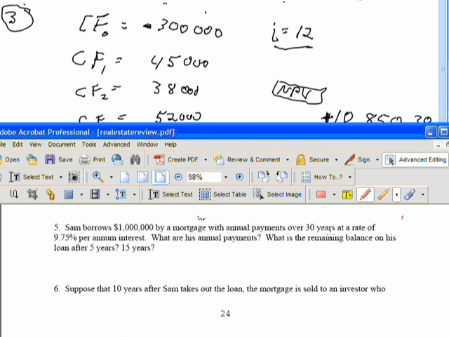Usually it's monthly or even quarterly, but let's roll with it. Annual payments over 30 years at a rate of 9.75 percent per annum interest. What are his annual payments? We should know how to do that. What is the remaining balance on his loan after 5 years? And then what is the remaining balance on his loan after 15 years? Good practice here calculating mortgage balances.